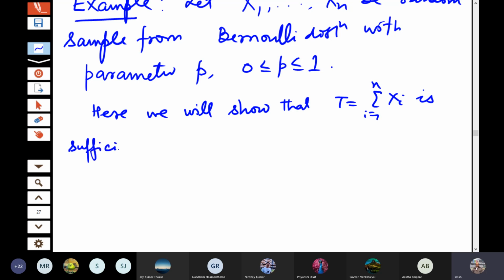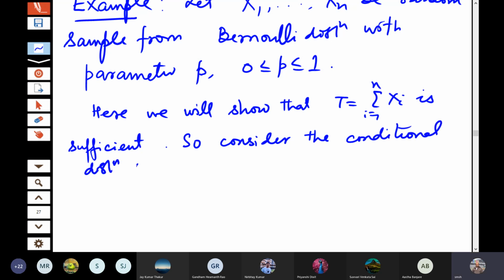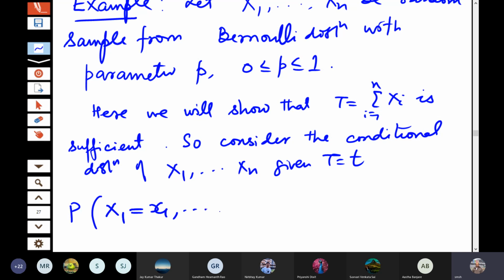That means the conditional distribution of x1, x2, xn given T is equal to t. So that is the conditional distribution of x1, x2, xn given T. I should show that this is free from parameter p.